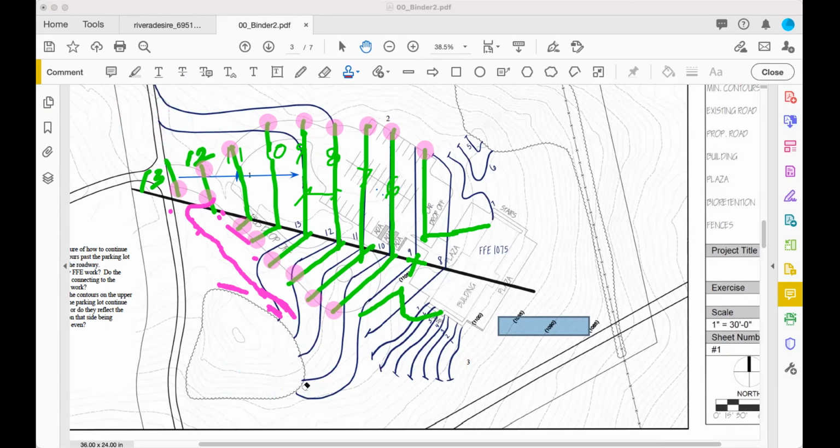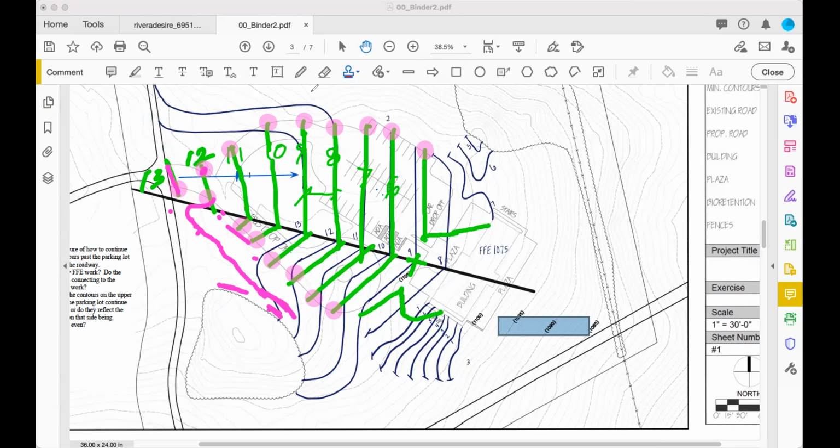For instance, for this side, I'm going to show one example of how to connect. That's 13 originally. That's my 12. Now I can choose along this original contour to start connecting back to this point. But in order to minimize disturbance, I would choose the closest.